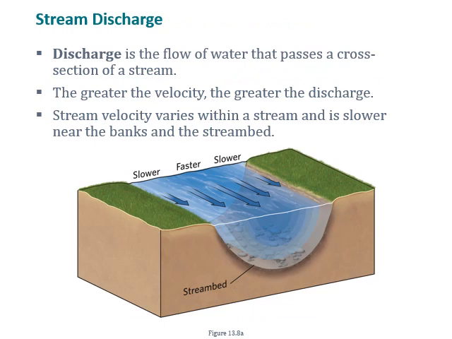Stream discharge is the flow of water that passes a cross-section of the stream. The greater the velocity of the water, the greater the discharge. Stream velocity also varies within a stream and is slower near the banks and in the stream bed compared to faster flow in its center.